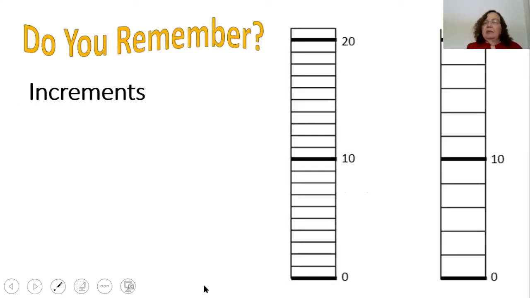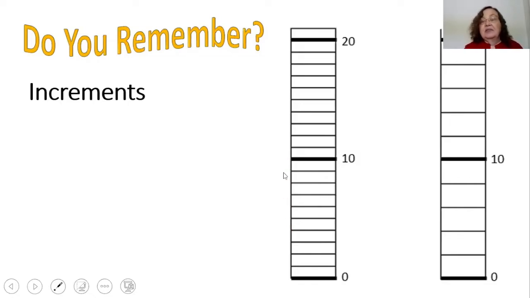So, do you remember this when we were talking about thermometers? And remember, we talked about the difference in the increments, because these increments here are in 1, 2, 3, 4, 5, 6, 7, 8, 9, and 10.